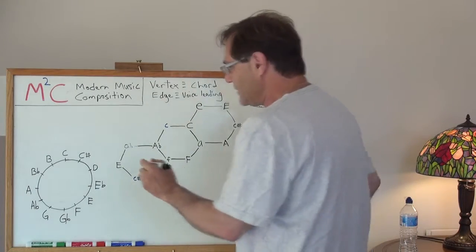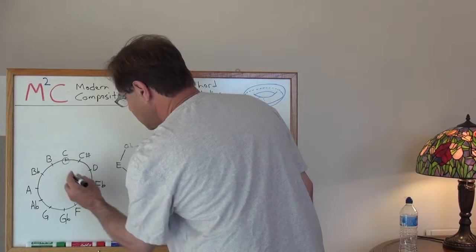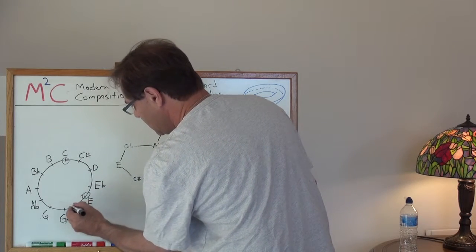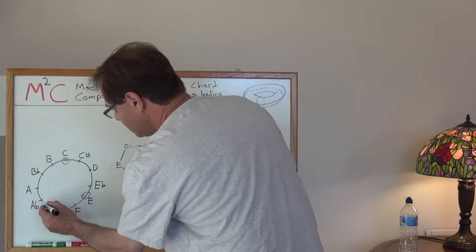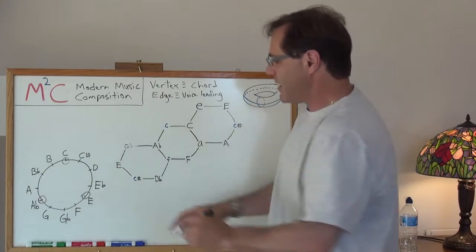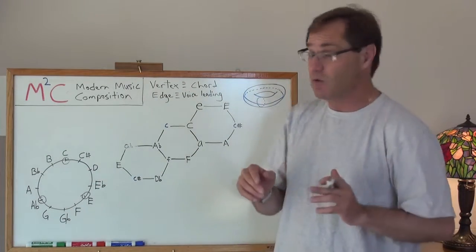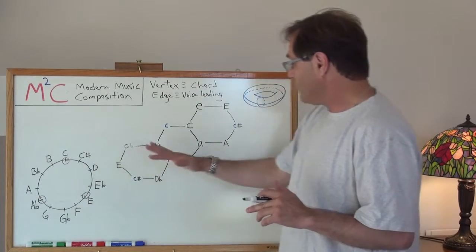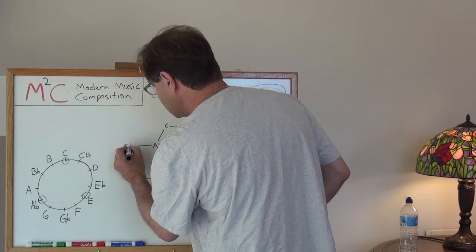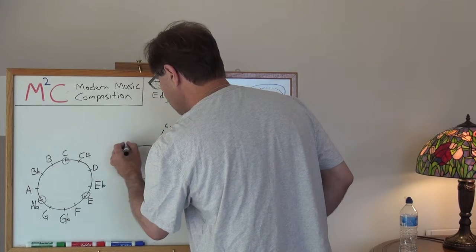So I'm just going to circle this portion of it: our C, the E, and the G sharp, which is A flat. I've written this particular diagram using all flats instead of sharps. There's a reason why I did that, because it's going to be related back to this diagram.